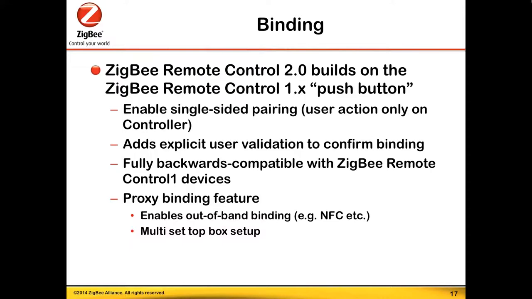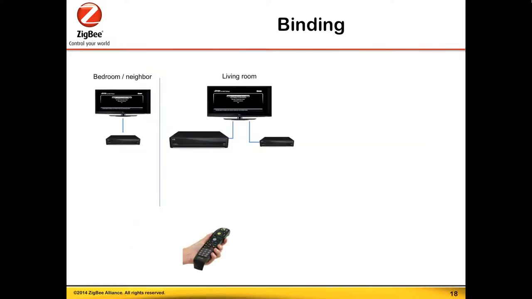Next slide, please. So the way it works is, the user is trying to pair, and he has multiple ZRC devices in his home. He also has ZRC devices in his neighbor's home or in a room next to them. One of the things with RF propagation is that it's omnidirectional, like IR. So the remote can see all these devices, and the challenge is to find out which device you want to pair with.